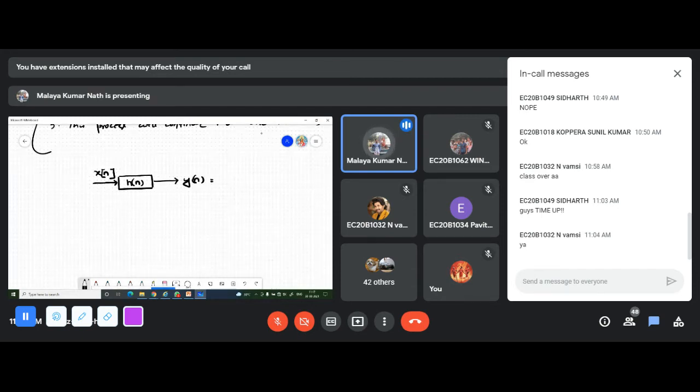So I can write y of n is equal to x of n convolution with h of n. Now this can be represented as summation over m from minus infinity to infinity of x of m into h of n minus m.